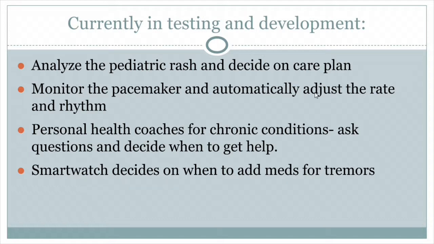A personal health coach for chronic conditions that will ask questions and decide when you need to get help, and a smartwatch that can decide when to change the amount of medication you're taking for your tremors. All of these things are in development right now, and will theoretically be available within the next year. Now, you never know when something actually moves from what we call vaporware to reality, but this stuff is coming and the onslaught is going to be tremendous.